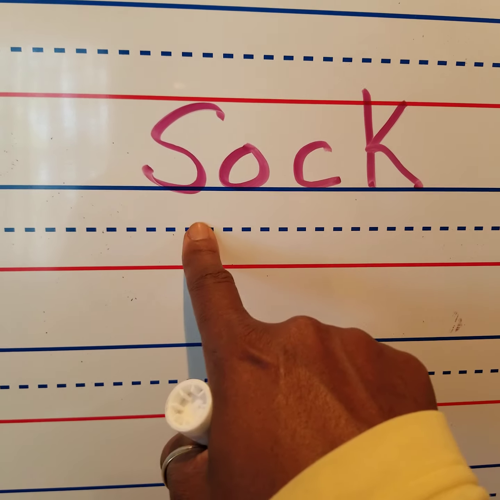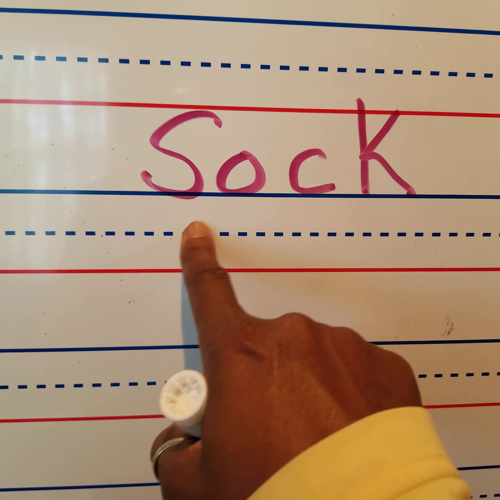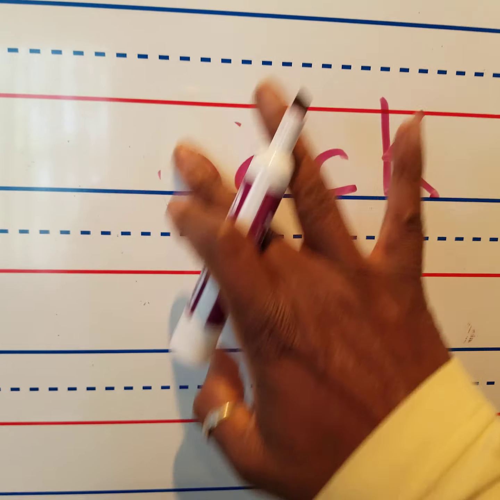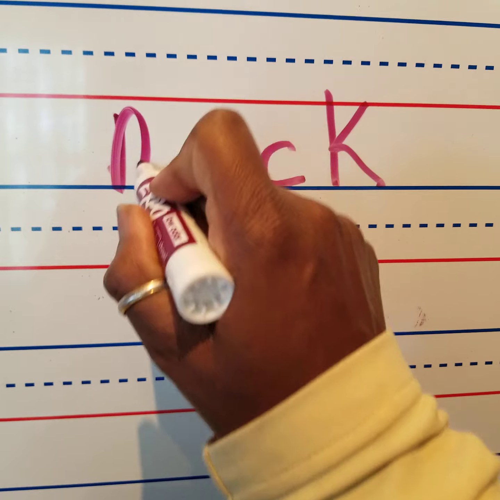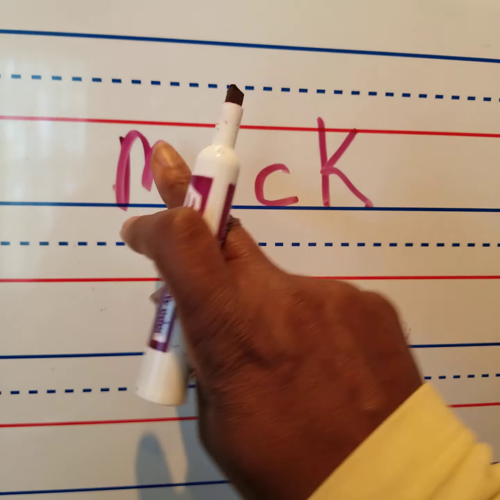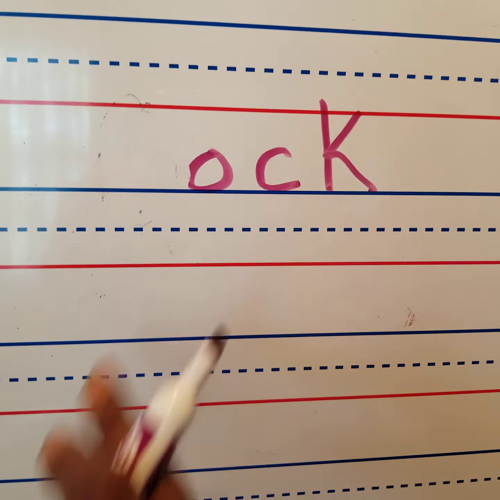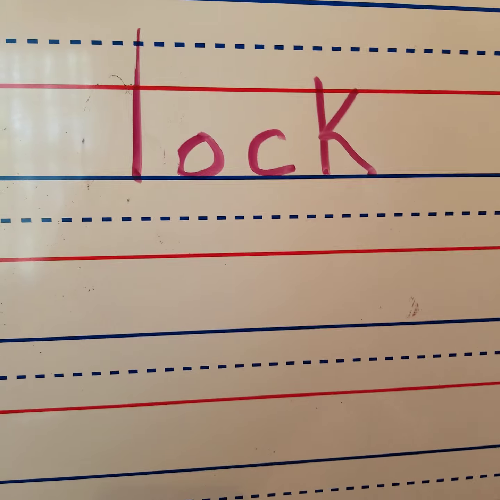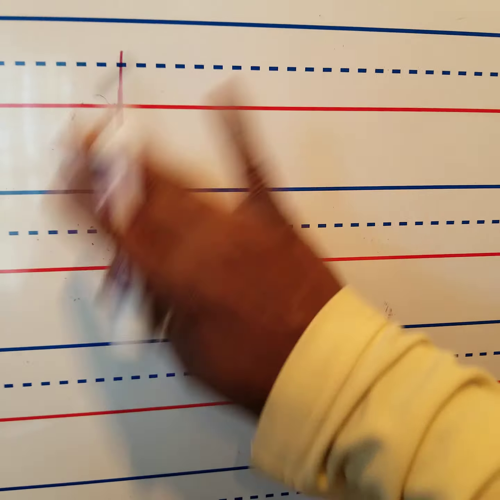S, a, k, sock. If I change the S to an M, I have mock. If I change the M to an L, I have lock. Very simple, right? It's getting easier and easier. Here we go. Next words.